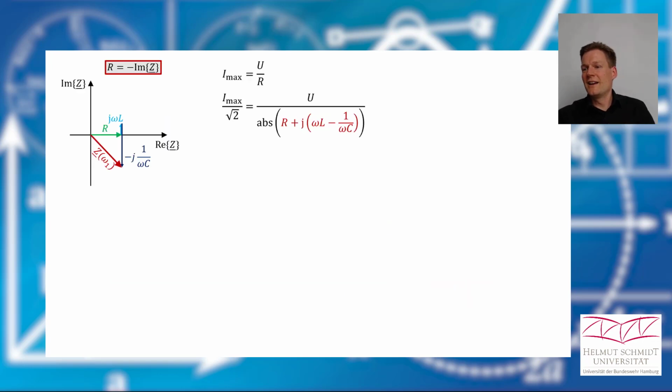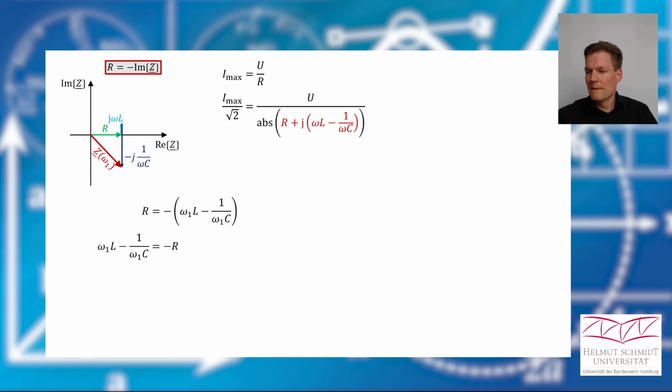Okay, let's calculate it. We know that for our first corner frequency, R has to be as big as the negative imaginary part. And therefore, we can solve this equation for omega 1, and then we know the corner angular frequency.